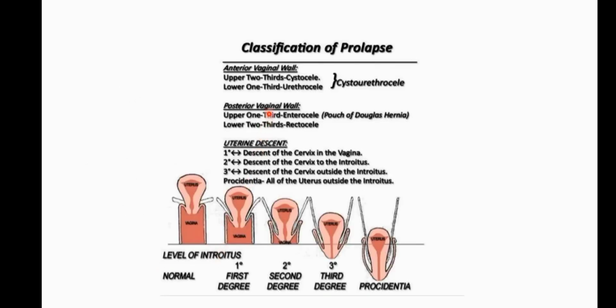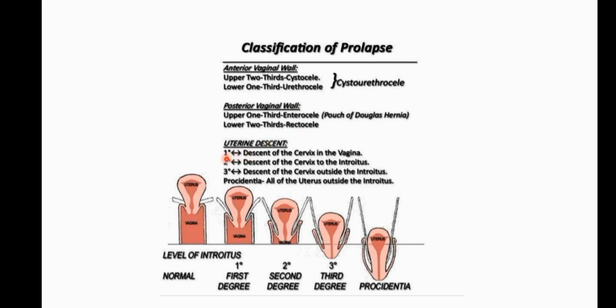So now classification of prolapse, you have to remember that there are different classifications. The POPQ classification is actually the standard quantification method, where we have defined all the degrees of the prolapse, and generally they can be Beecham classification, Shaw's classification.